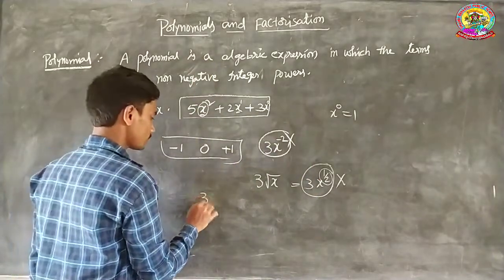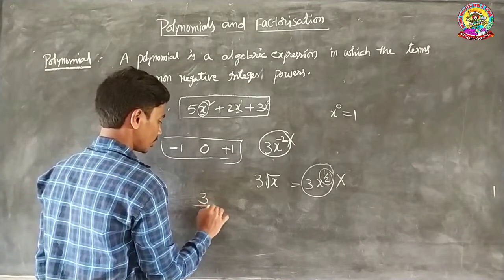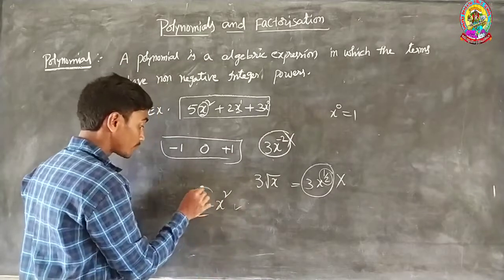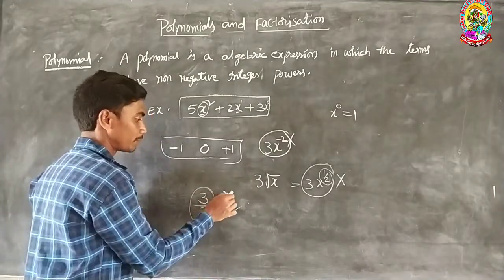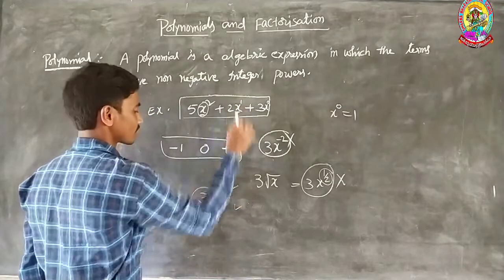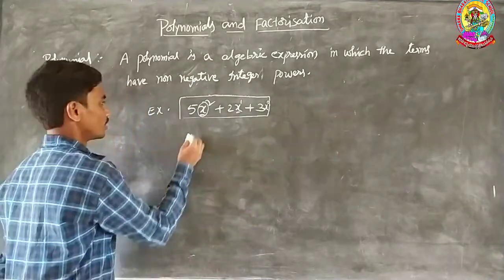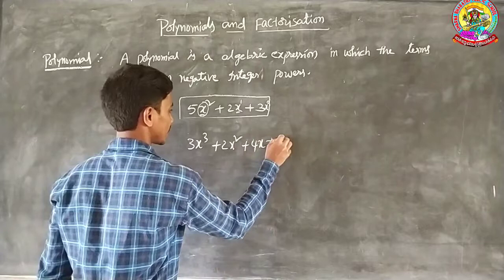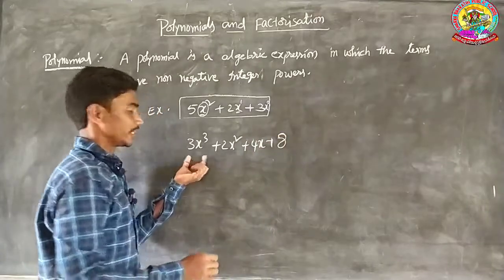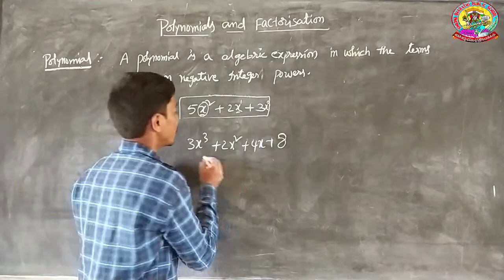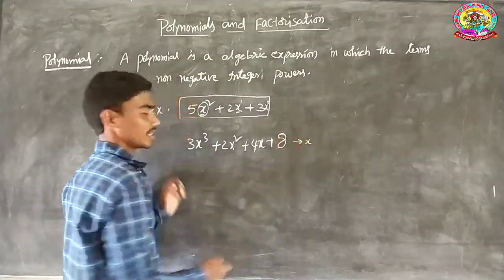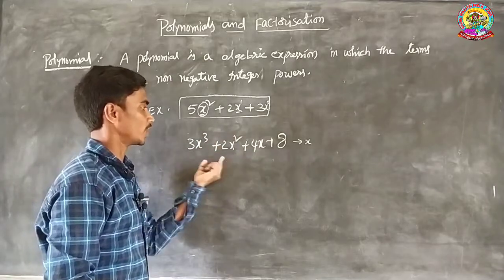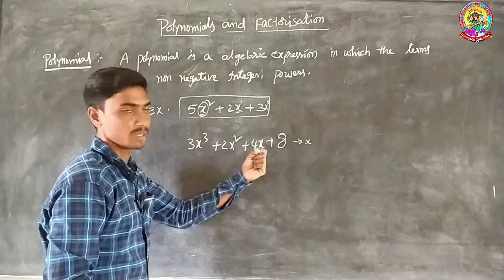Next, 3 by 2 x square is a polynomial. The coefficient is a rational number, but the power is a non-negative integer, that's why it is a polynomial. 3x cube plus 2x square plus 4x plus 8 is a polynomial in the variable x, because all the terms included in the polynomial are constructed with the variable x.